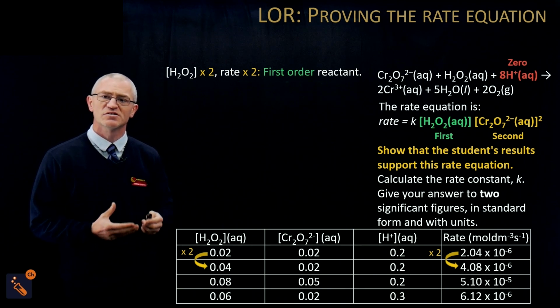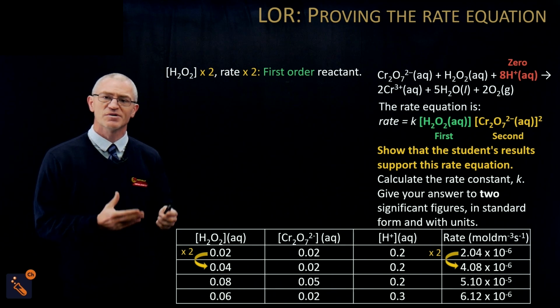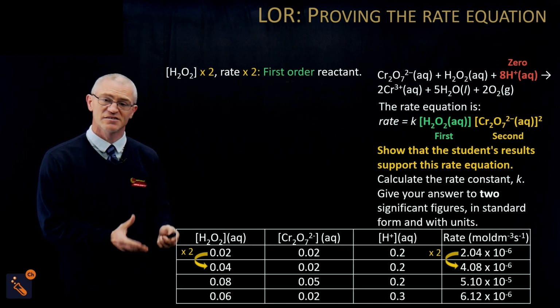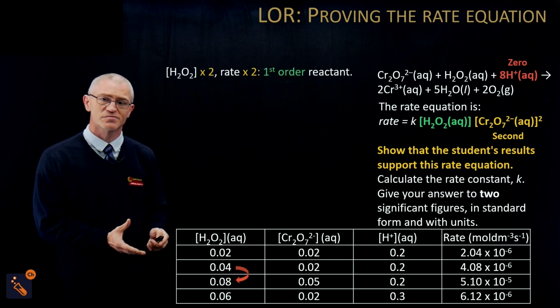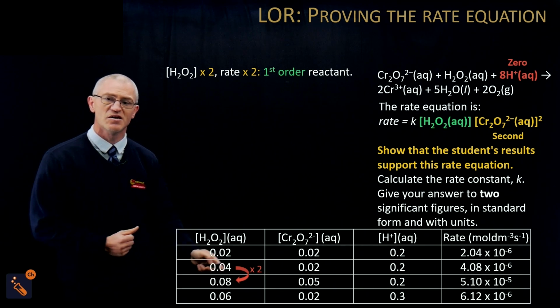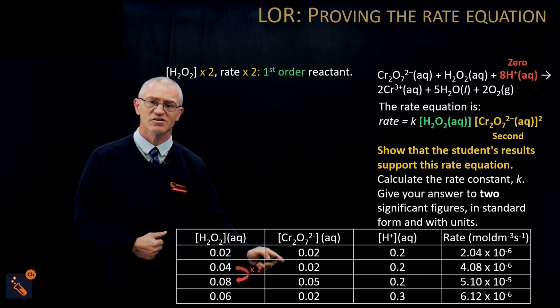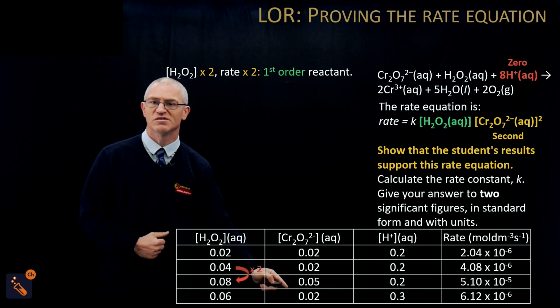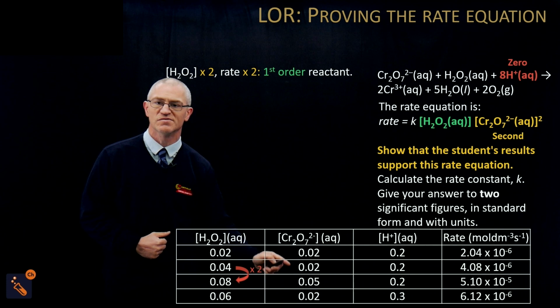And therefore, as we would put it in the exam, for H2O2, the concentration is times by 2, the rate is times by 2, therefore a first order reaction, this proportional relationship. We're then going to move on to the next one. This is a little bit more complicated than our previous ones, because if I move on, you can see I've chosen the next reaction and compared it to the third reaction. You can see there's a times 2 there, but you can also see that chromate is going from 0.02 to 0.05. So there are two changes happening at the same time.